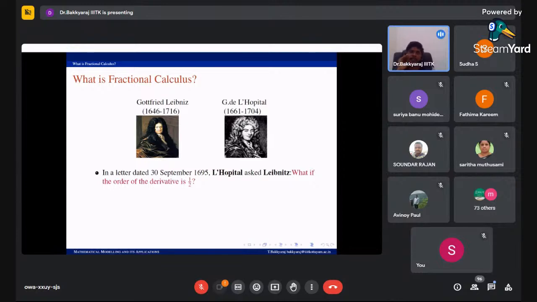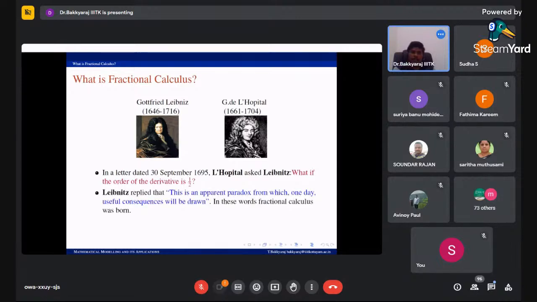Then L'Hospital asked the question: what does this notation represent if n equals half? That means, what is the half order derivative, what does it mean? Leibniz replied that this is an interesting question, and useful consequences will be drawn. From these words, mathematicians started to generalize the notion of differentiation.